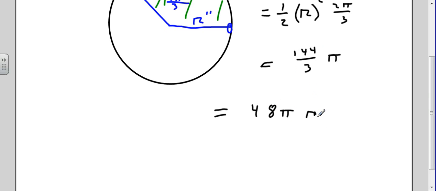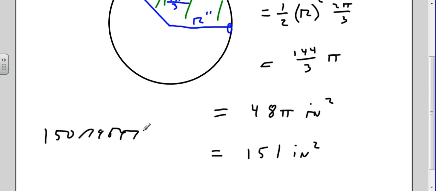Inches squared. And then we say, well, that doesn't do much for me. 48 times pi. Again, I want only 3 significant digits, so I'd call it 151 inches squared, even though my calculator has 150.79644474.